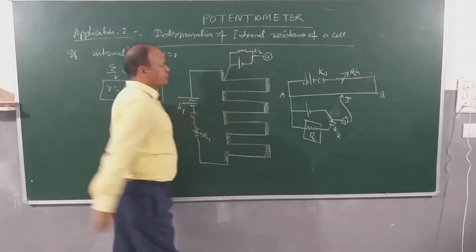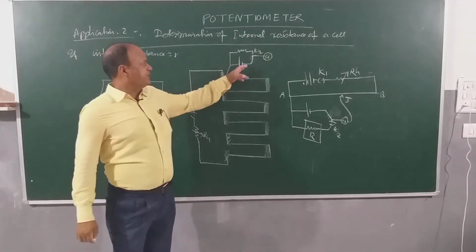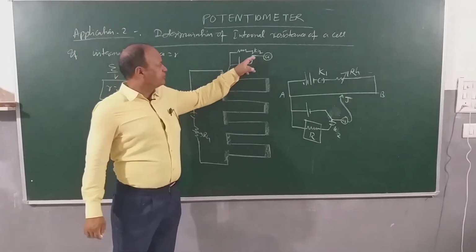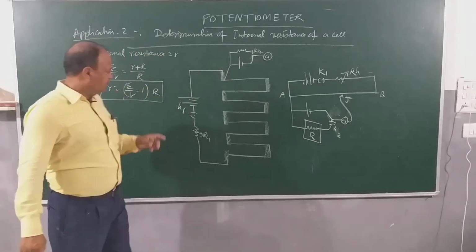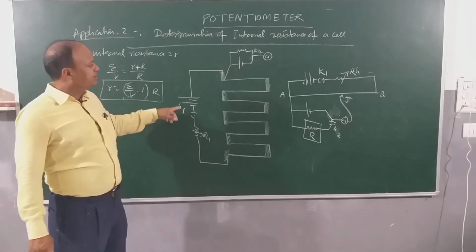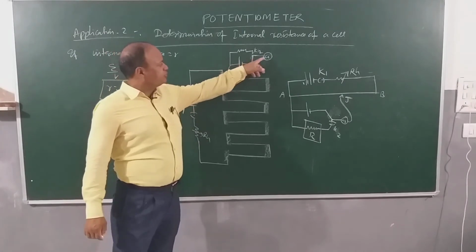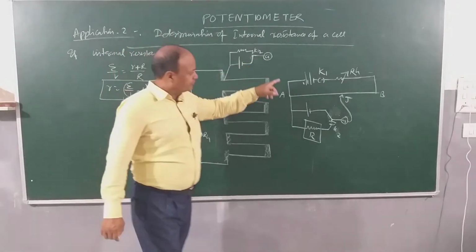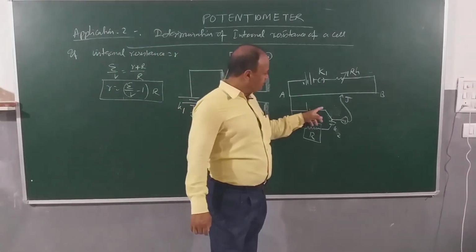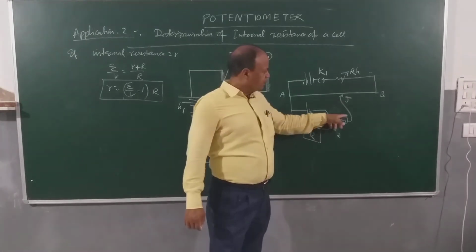It will be easy for you to remember. The battery is always closed. K1 is always closed, and the battery is always through with the galvanometer and jockey.